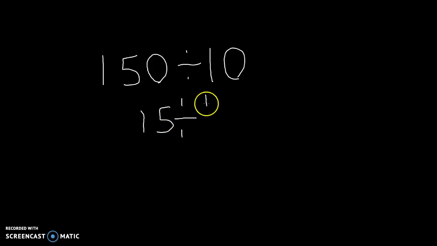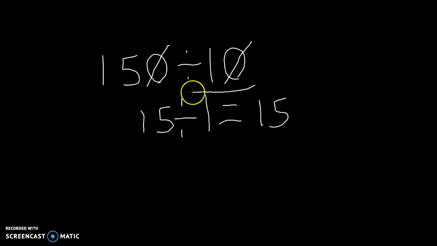And that's going to equal 15. Now we're going to take all the zeros away from the second number, which is only 1, and we're going to do the same to the first number. So since there was only one zero taken away from the second number, we're only going to take away 1 from the first number. There are no more zeros that we can use to put into the bottom number. So 150 divided by 10 equals 15.